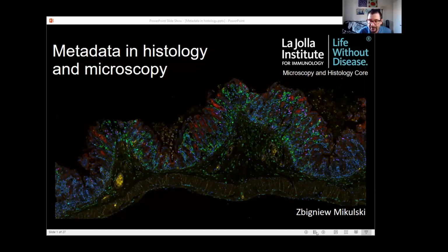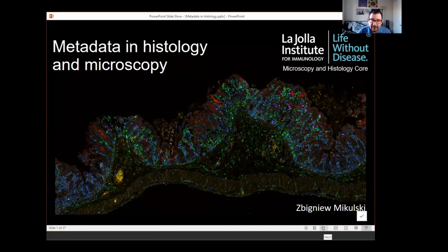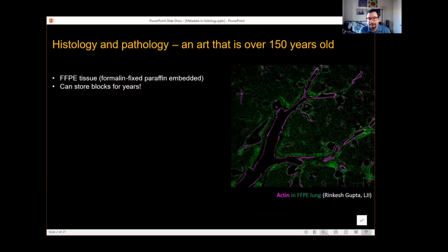So thank you for the opportunity to talk about the challenges and opportunities for trying to automate some aspects of metadata and histology and microscopy. My preface here is that this is a very old art, but because you can store those blocks for years, you can get access to archival samples.